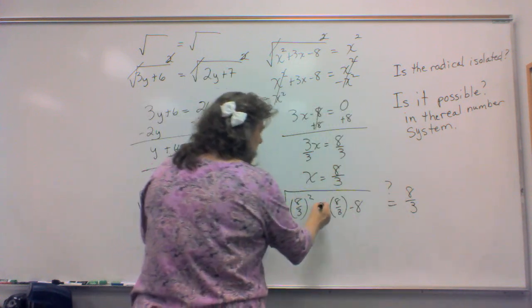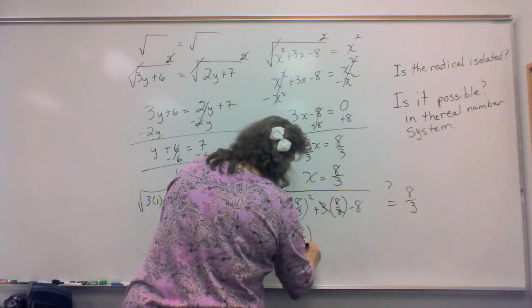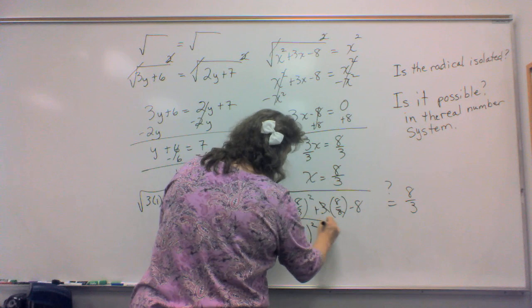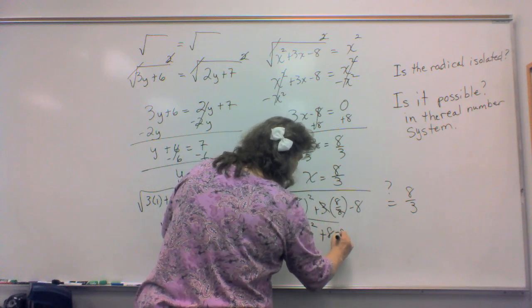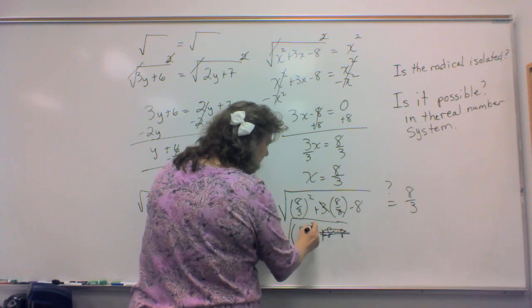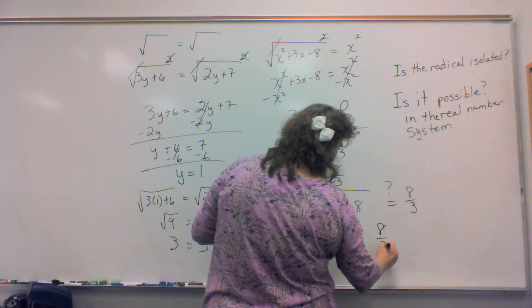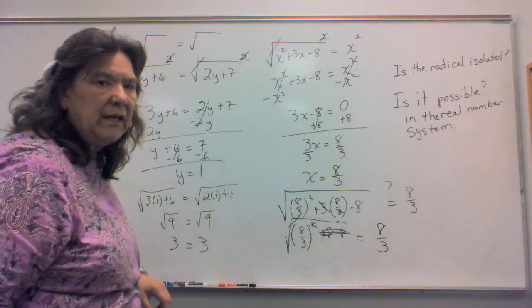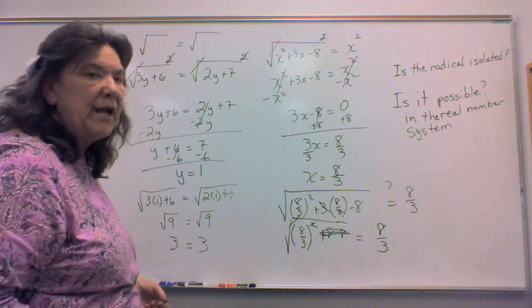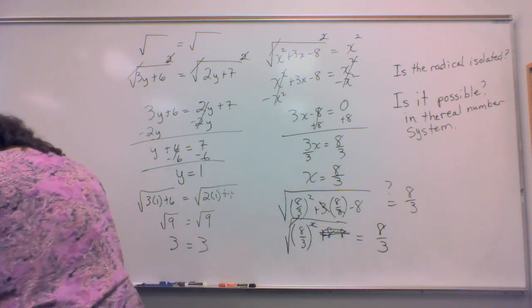Well, this cancels with that, leaving you 8/3 squared, square root of that, plus 8 minus 8, that's 0. So the square root of 8/3 squared, these undo each other, and that's equal to 8/3. So as you can see, it really does work out. You have to check them though when you're squaring things.